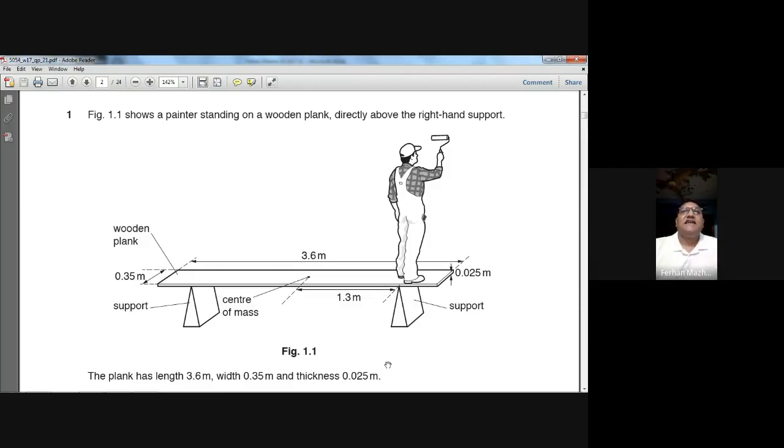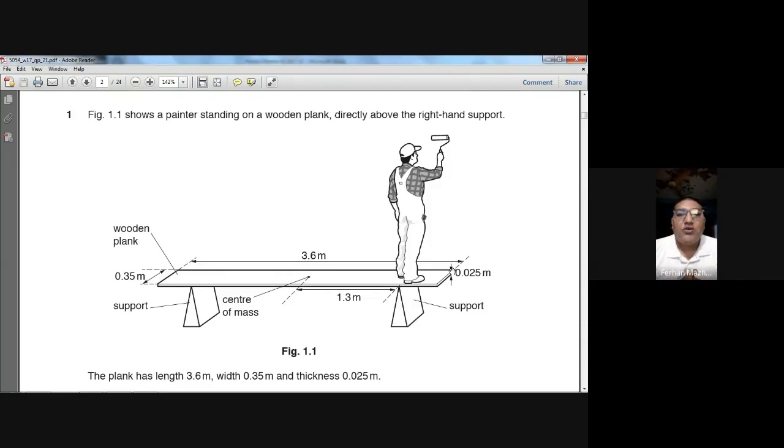But he says that this painter stepped a little towards the right. If the painter moves a little towards the right, for example, he comes and stands here, then the line of action of his weight will no more pass through the pivot.